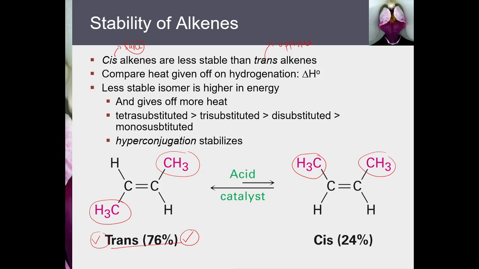Okay? And in terms dun sa number ng substituents, the more substituents present in your compound, the more stable it is. So the trend here is tetra, so 4 substituents is more stable than the tri, than the di-sub, and the mono substituted alkenes natin.